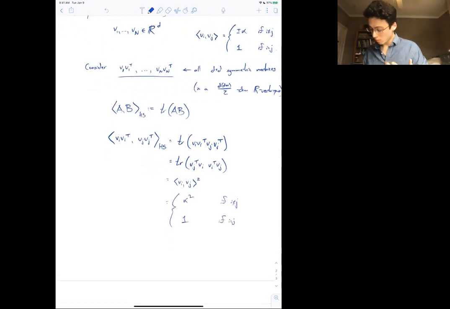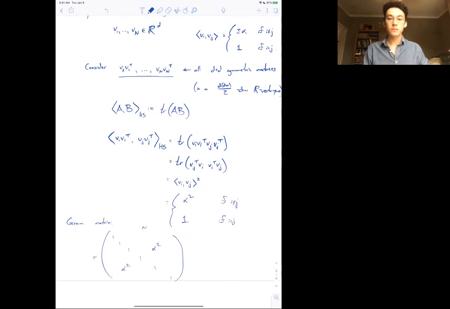So I can make what's called the Gram matrix of these n vectors, which is just the n by n matrix of their inner products. And this computation shows me that the Gram matrix is ones on the diagonal and alpha squared everywhere else. And you can check that this explicit matrix is full rank, which by some linear algebra implies that the n vectors I started with are linearly independent.